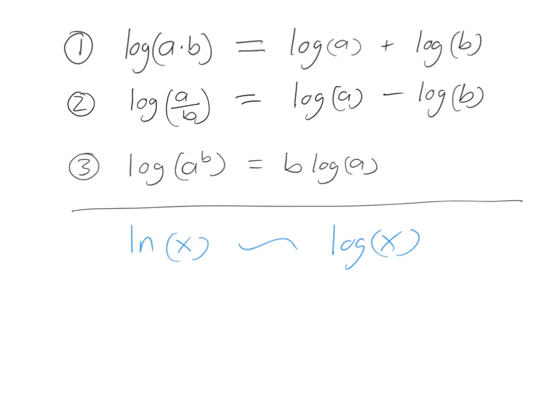So for example, this first property that applied to logarithms base 10, it also applies to natural logarithms. So I could write ln of a times b is the same thing as ln of a plus ln of b. And similarly for these two properties.